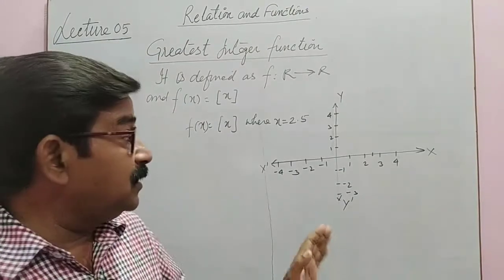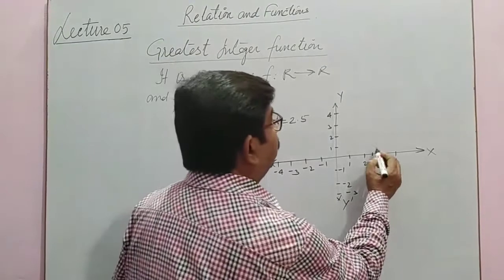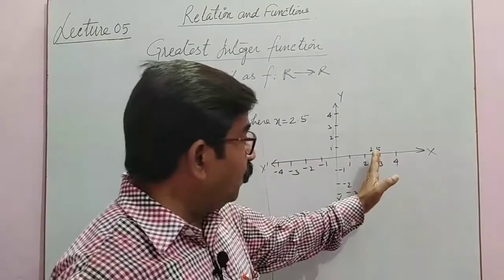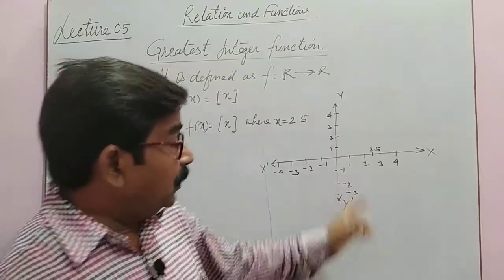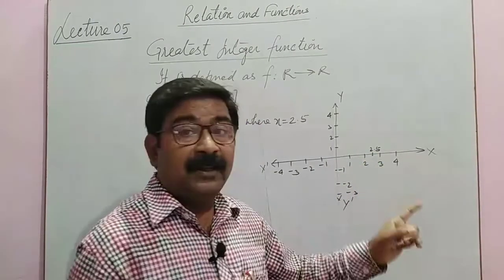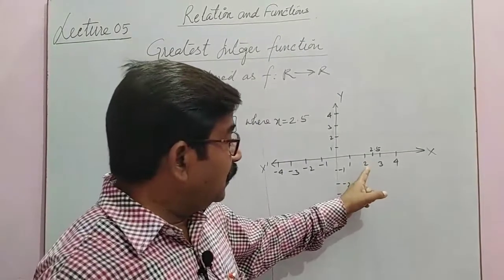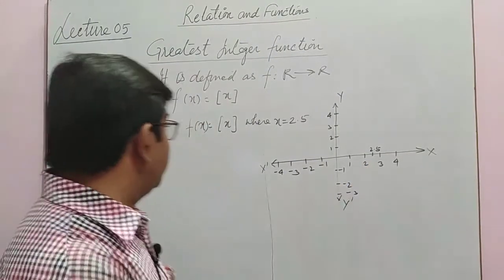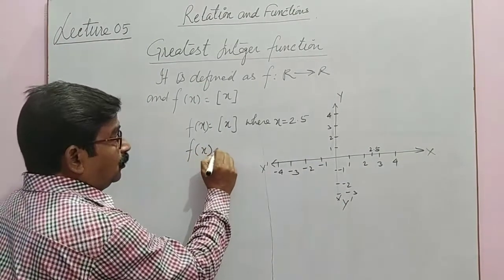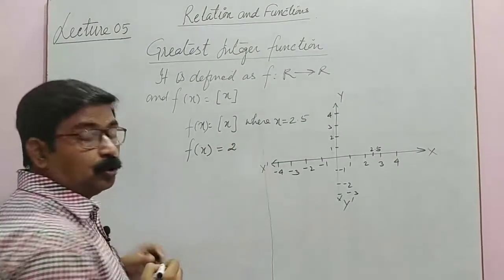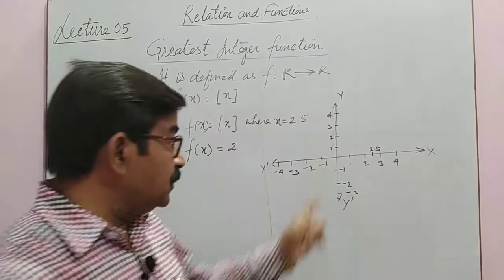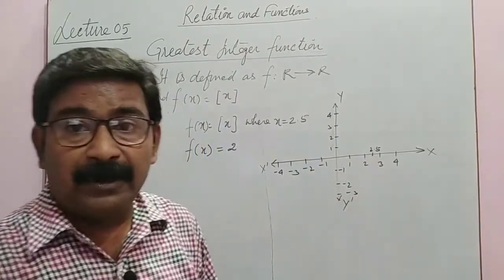So what is the integer just before 2.5? Always left. So 2.5 is here, and the integer obtained on the left is 2. So f(x) is equal to 2, because x is 2.5 and its value is just on the left side of that particular number.